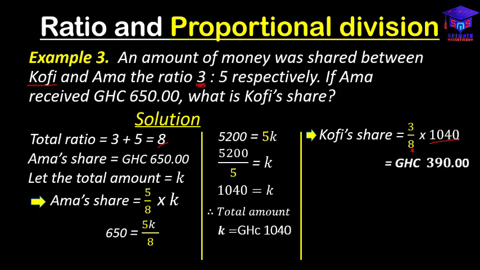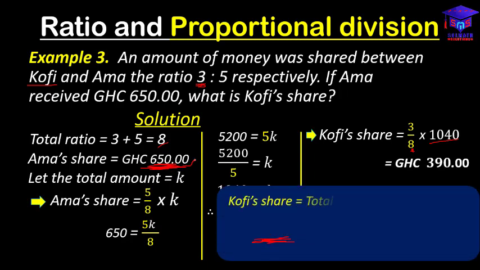Now there's another way or method that we can use to find Kofi's share. If Kofi and Ama are sharing a total amount of 1,040 and Ama's share is 650, then Kofi's share will be the total amount that they are sharing minus Ama's share. Good. So we can also say that Kofi's share is equal to the total amount minus Ama's share.